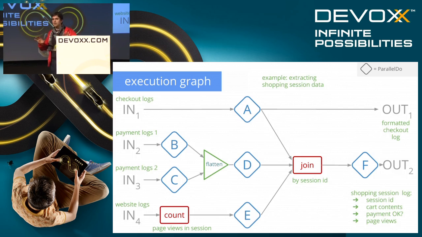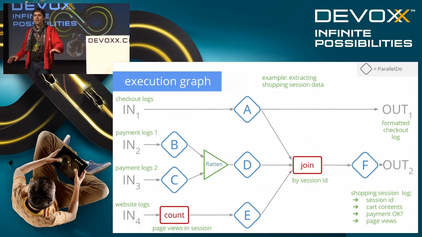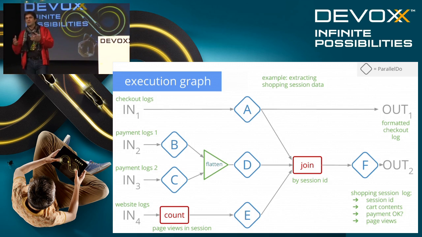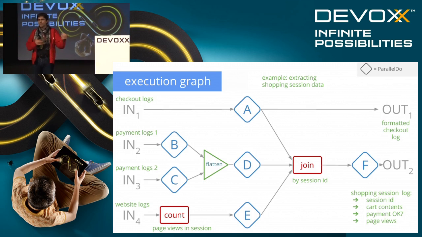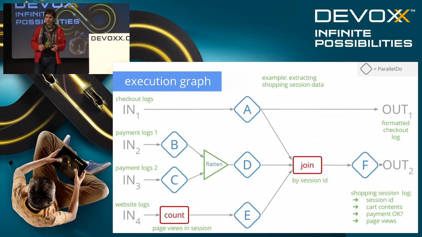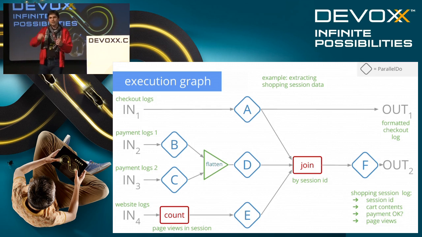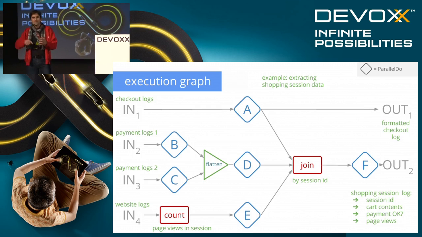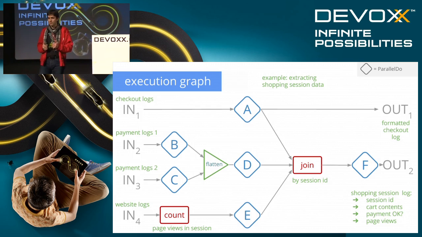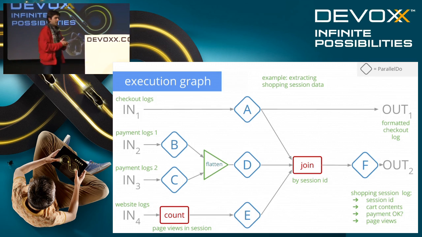Example here, I'm on a shopping website, and the marketing guy asked me for a report on shopping sessions. He wants to know for every session how many pages have been visited, if the guy clicked on checkout, and if he clicked on checkout, did he actually pay, was the payment successful? The marketing guys, they like that.